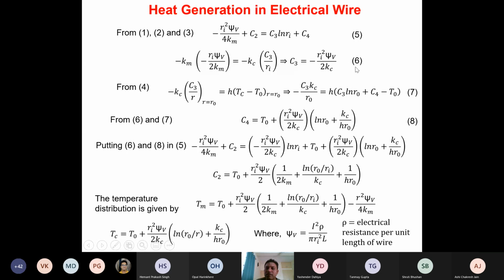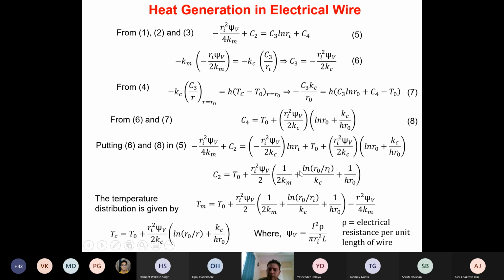So this C3 and C4 we can put in equation number 5 and we can find out C2. So C2 is obtained using this equation. C2 is given as T naught plus Ri square psi v by 2 in the bracket 1 by 2 Km plus ln R naught by Ri divided by Kc plus 1 upon H R naught.